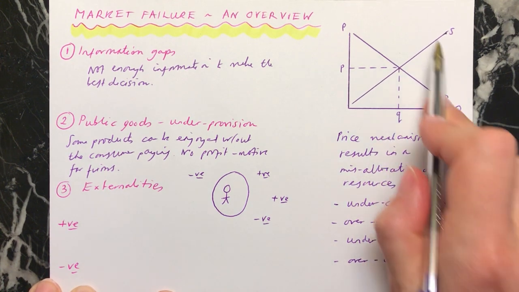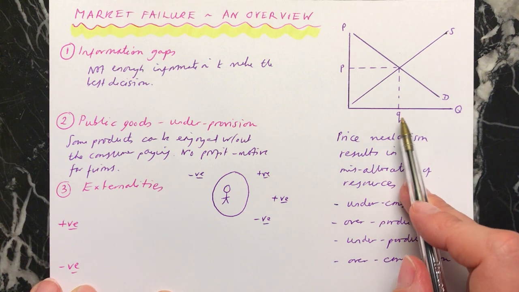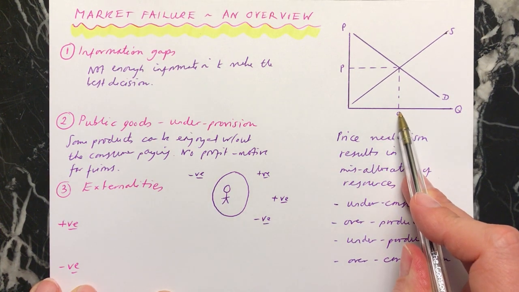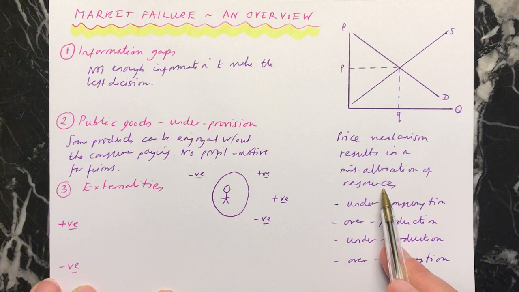So if you just allow things to be provided using the price mechanism, you might have a lot of something being produced, which is generating lots of negative externalities. So really, we've got overproduction of that product, and the price mechanism is failing, it's misallocating resources.